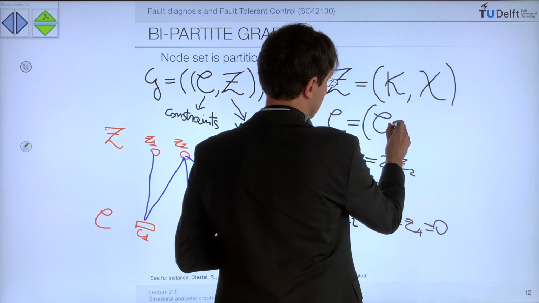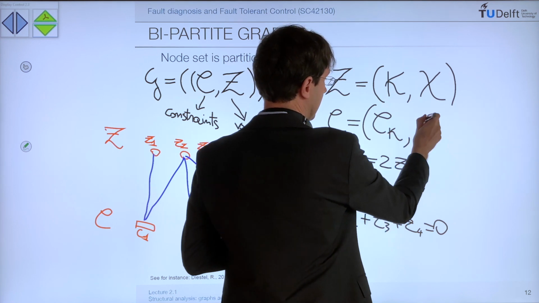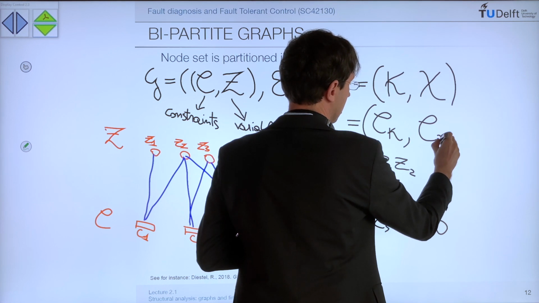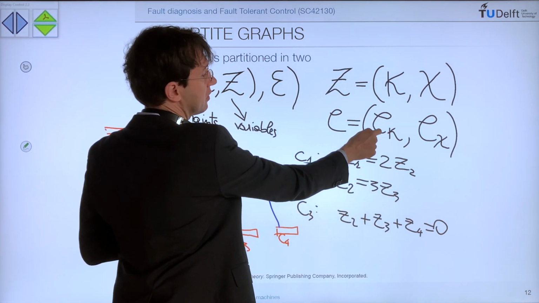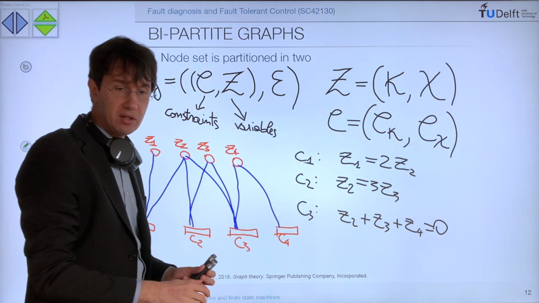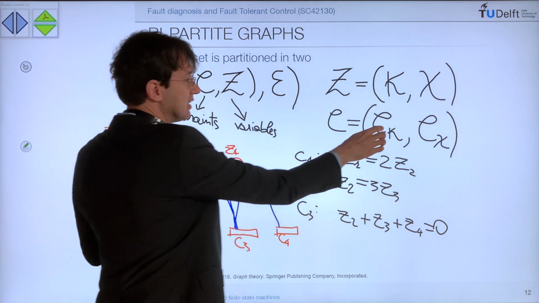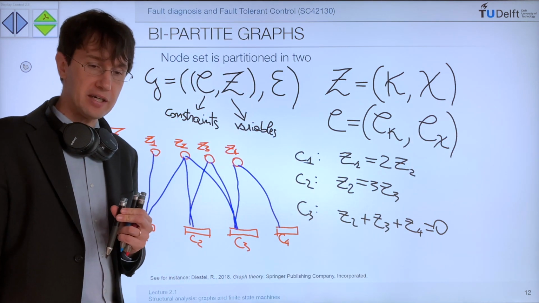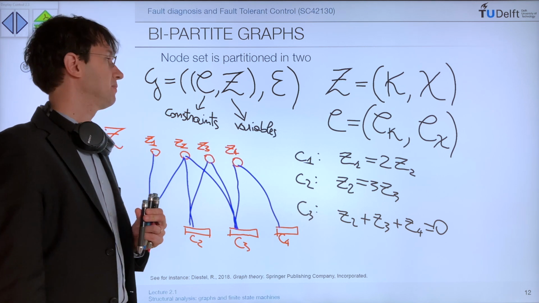One that is called CK, the set of constraints on known variables, and one on unknown variables. So this set here is the set of constraints that link only known variables with other known variables. And this is the set of constraints linking unknown variables with either unknown or known variables.